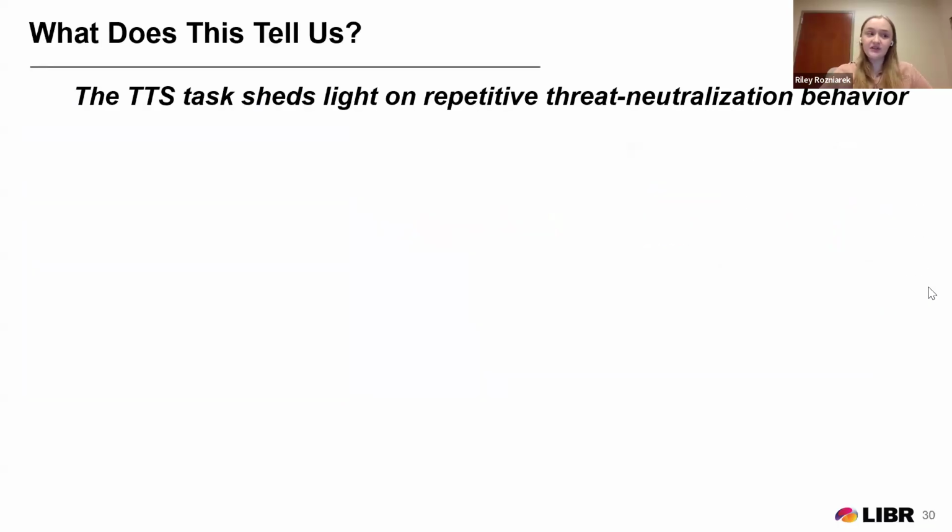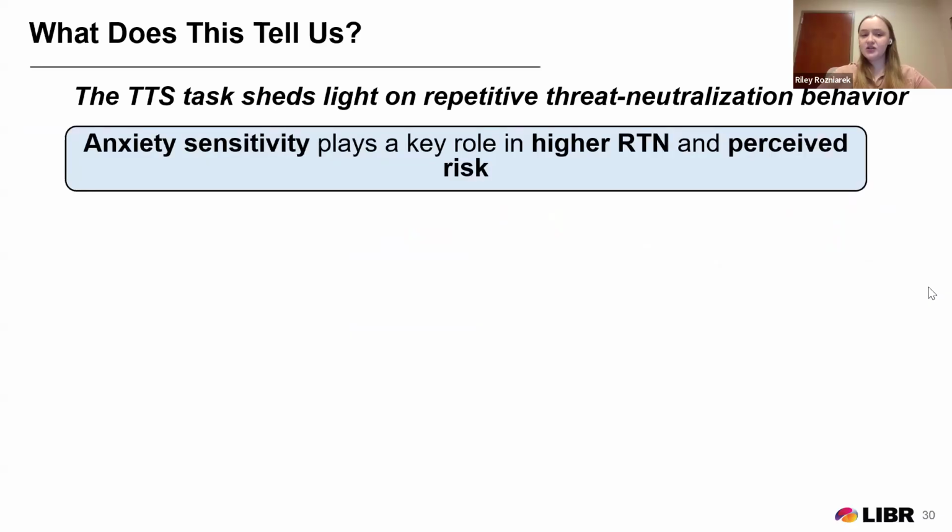So what do all of these results tell us? Well, these results do show that the TTS task sheds light on repetitive threat neutralization behavior. First, we learned that anxiety sensitivity plays a key role in higher engagement of repetitive threat neutralization behaviors and perceived risk, both in the generalization phase and the extinction phase, to that threat cue and former threat cue.